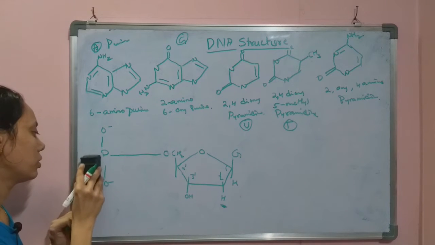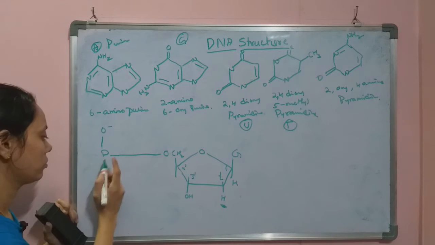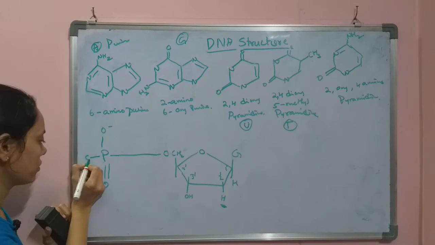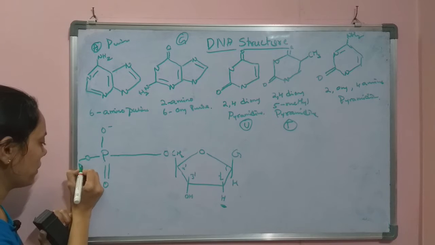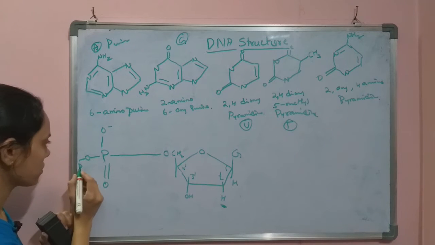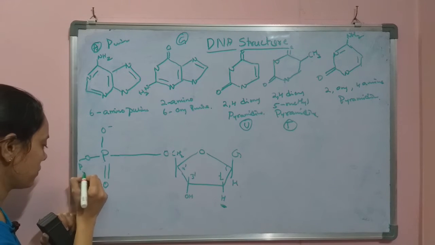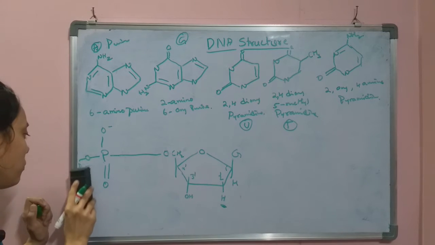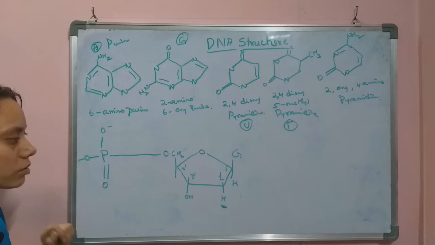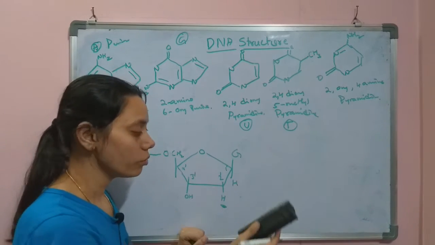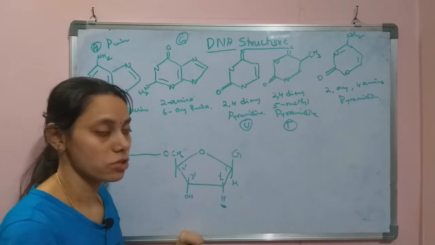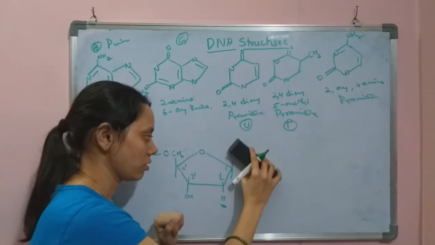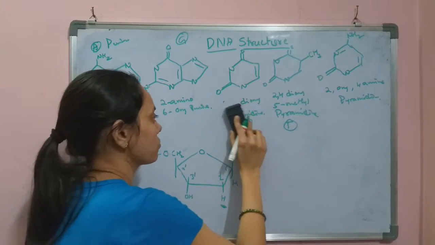If another phosphate is there, that may attach to this first phosphate like this, and so on. Here is how a nitrogen base will be attached to this sugar moiety.